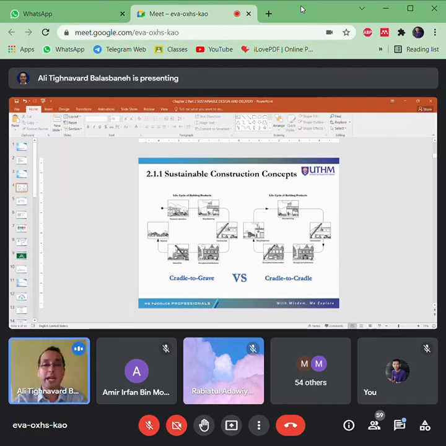For example, if you want to compare two buildings, one constructed by brick and another constructed by concrete, and you choose cradle to grave or cradle to gate, you will achieve a different result from when you choose cradle to cradle.